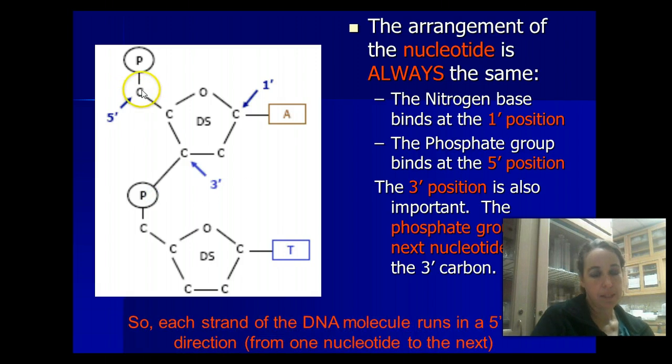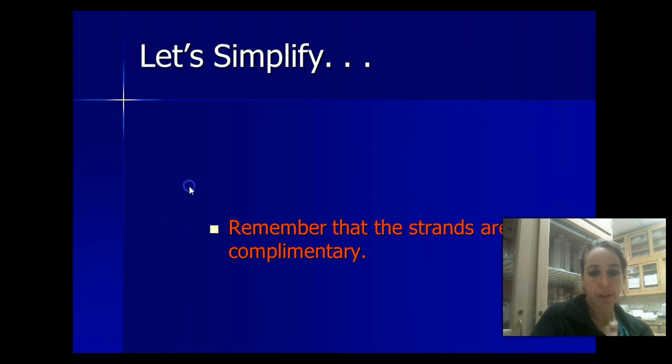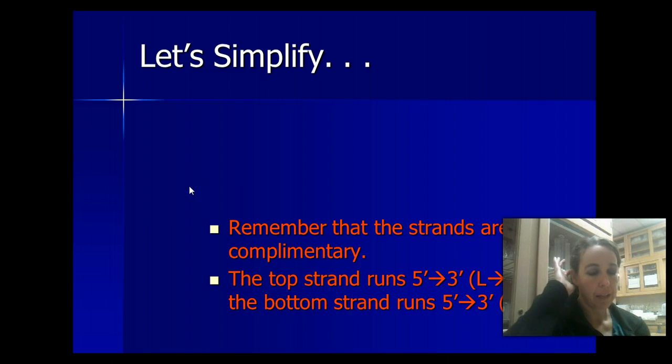So when we read DNA, it's always read from a 5' to a 3' direction. Okay, always from 5' to 3'. So let's look at it. Remember that the bases are complementary. So the top strand runs 5' to 3' from left to right, and the bottom strand runs 5' to 3' from right to left because they're upside down, so it runs in opposite directions.